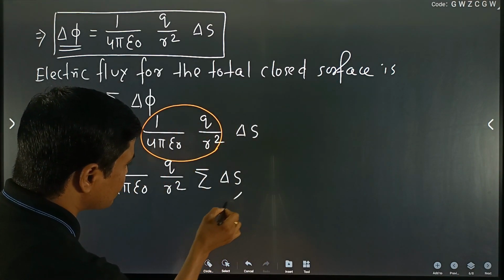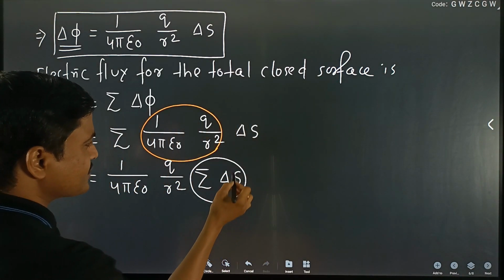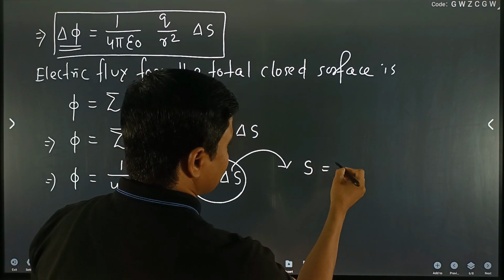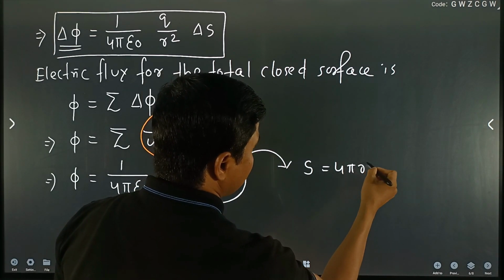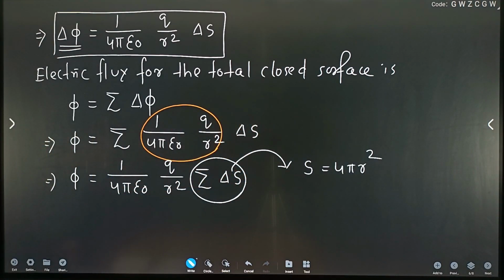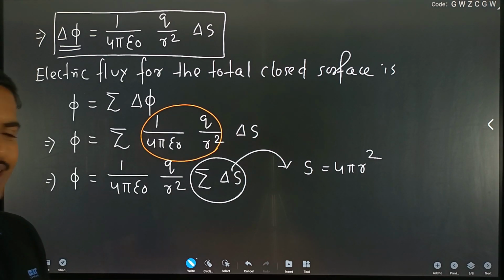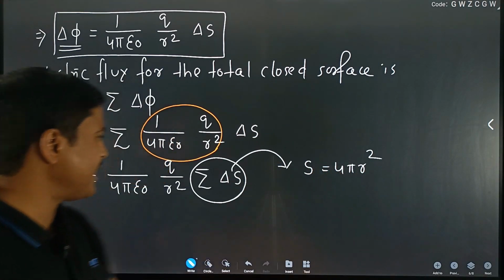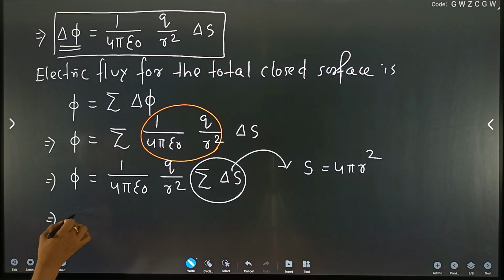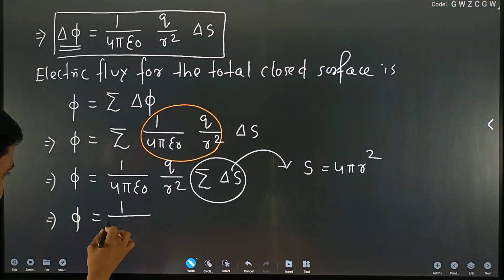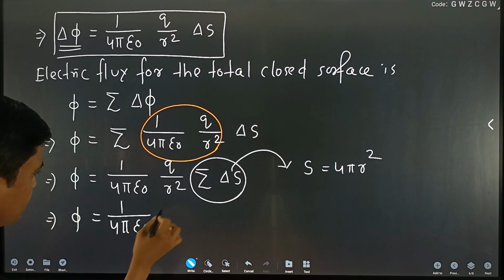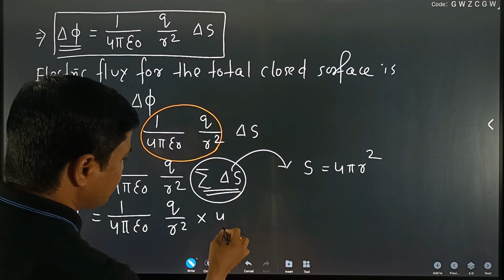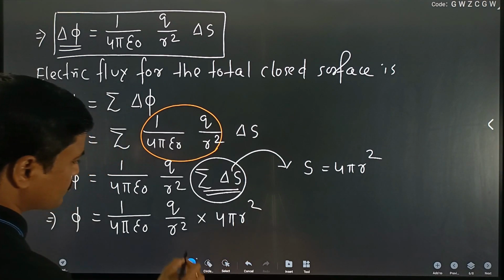So the total surface area of the spherical surface, you know, that is S, and S is equal to 4 pi R square. You know this formula. So in place of summation of del S, we put 4 pi R square. That implies phi is equal to 1 divided by 4 pi epsilon 0 Q divided by R square multiplied by, in place of this, we write 4 pi R square.